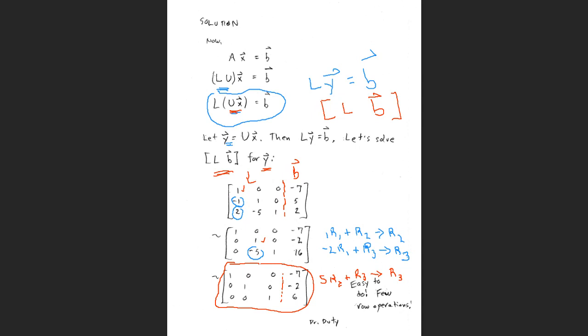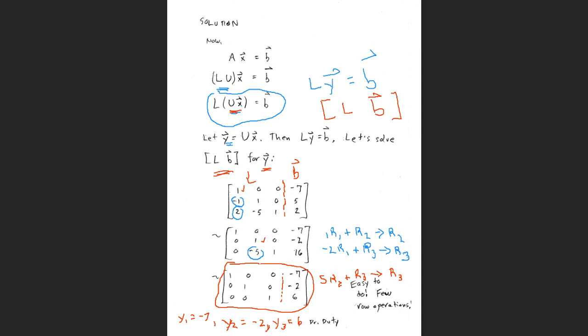What is y1 equal to? Good. That's right, Bella. -7. What's y2 equal to? Good. -2. And y3 equals 6.